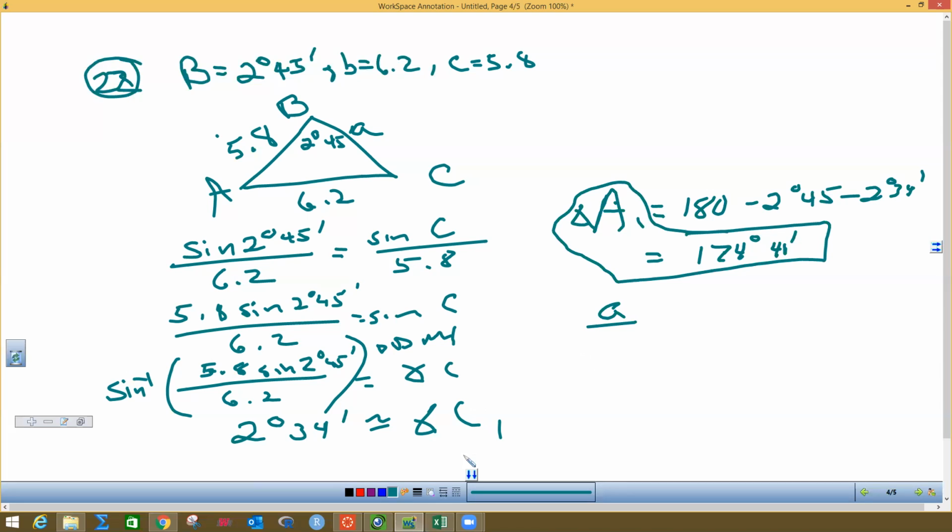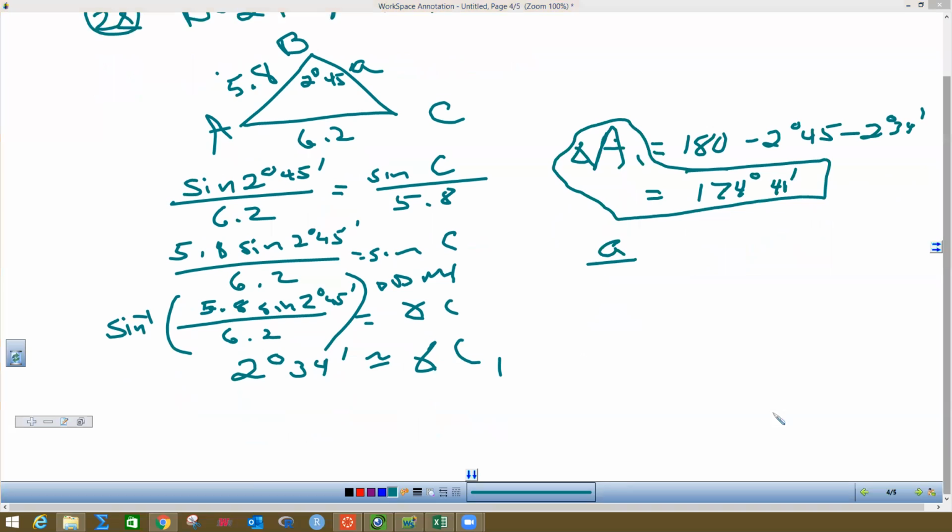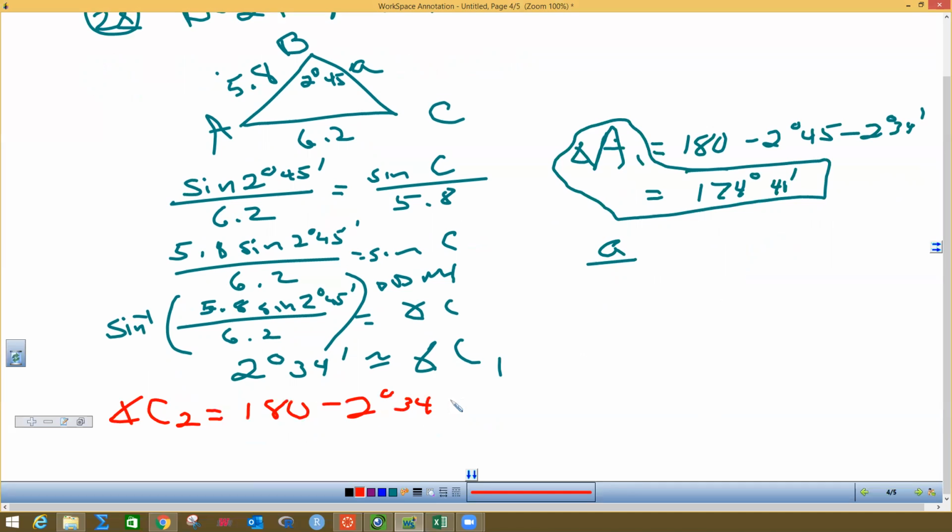Okay, so we're going to check for a second triangle right now. You can find little a the way we just found it. The second angle C is 180 minus 2 degrees 34 minutes, and when you subtract those, you get 177 degrees 26 minutes. Now, they gave us this one, right?